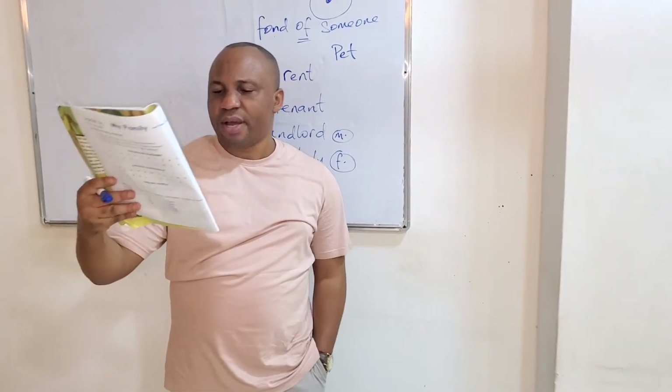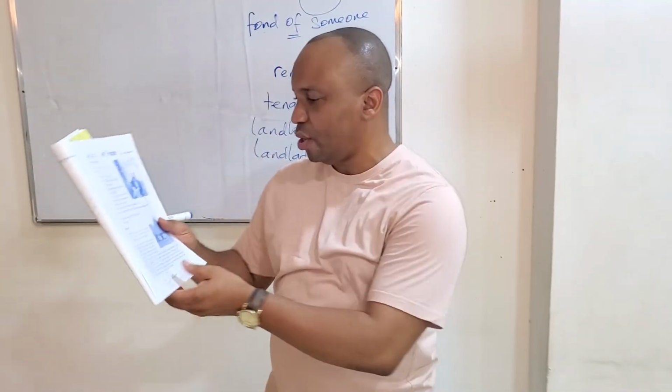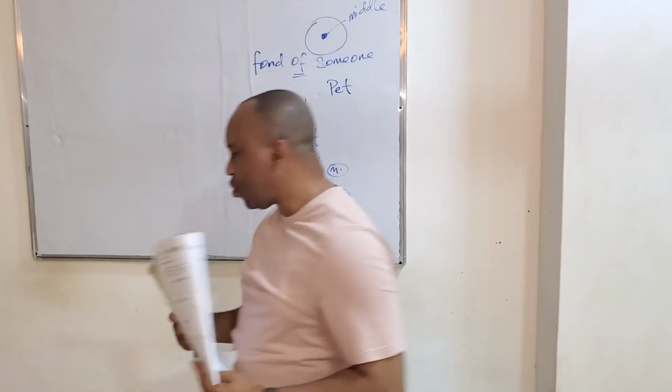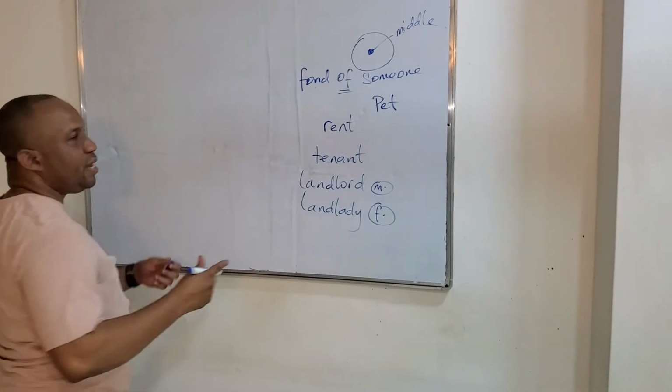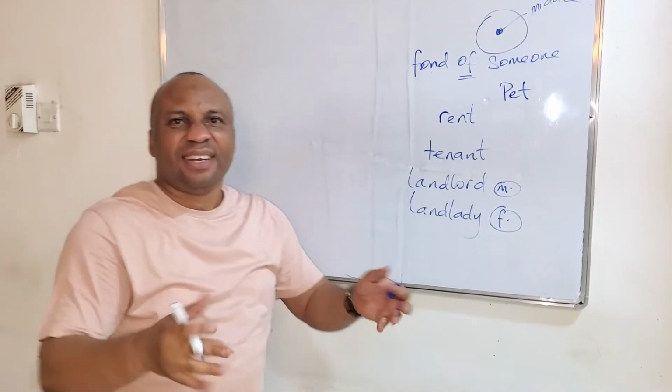We live in a thatched house. You've seen the picture? That roof is called thatch. The material is made of something like dried grass.